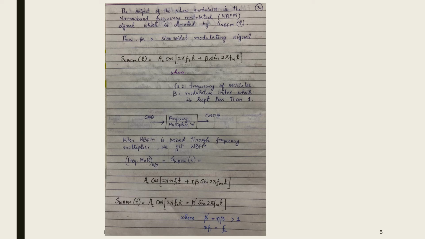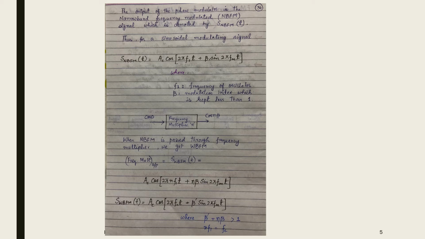Before going further, we should know how a frequency multiplier works. If at the input of the frequency multiplier we have cos θ, then the frequency multiplier will multiply θ by n, and at the output we will get cos nθ. That's why when narrowband FM is passed through a frequency multiplier, we get wideband FM.